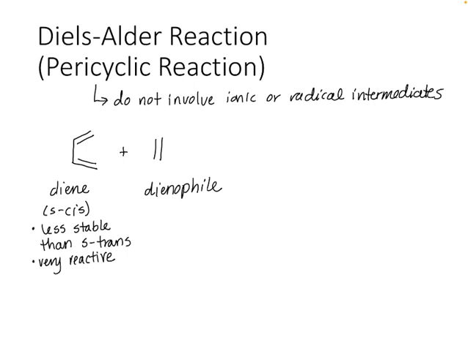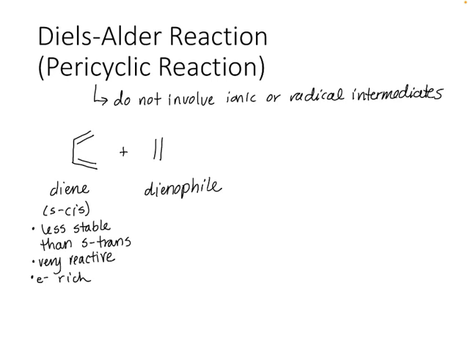One other thing about the diene is because it has two double bonds, it's electron rich. So, similar to a nucleophile, it wants to react with something that is electron poor. Now, looking at our dienophile, that is also electron rich, right?